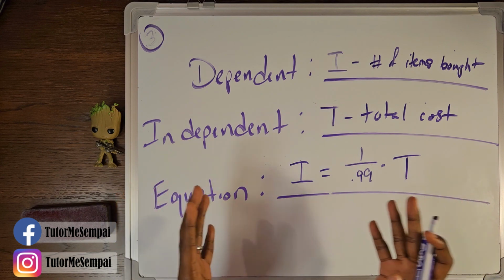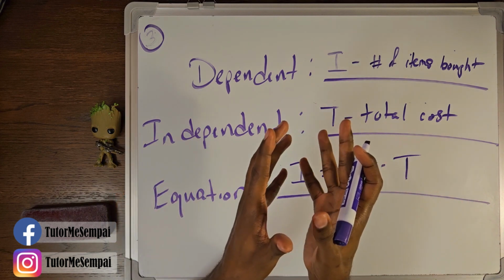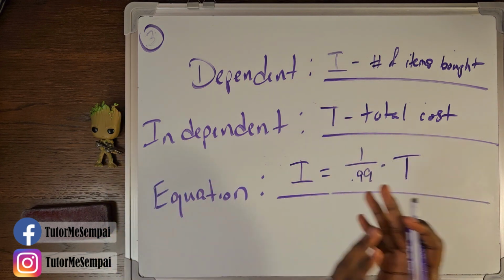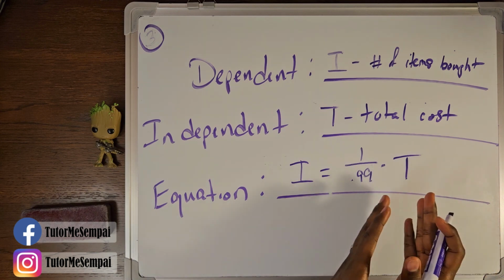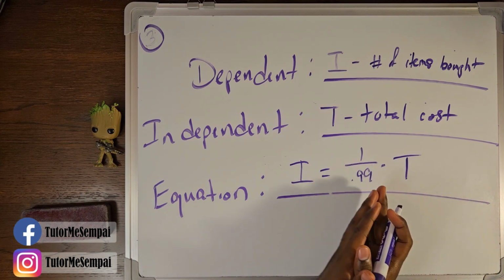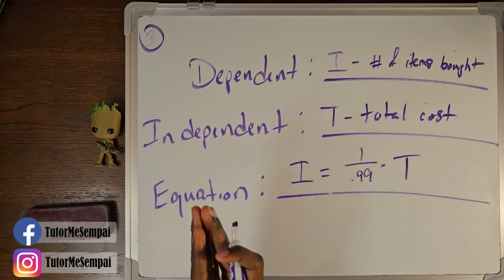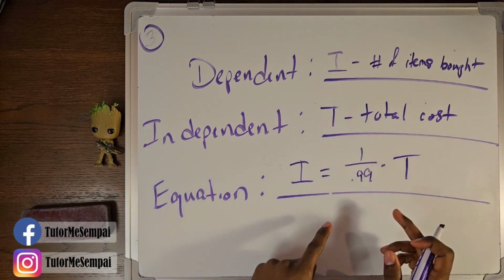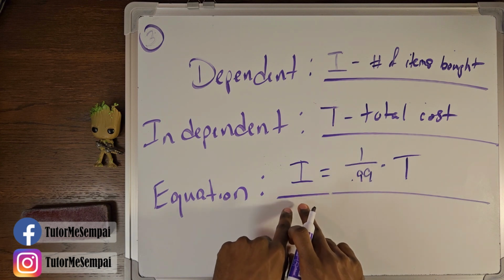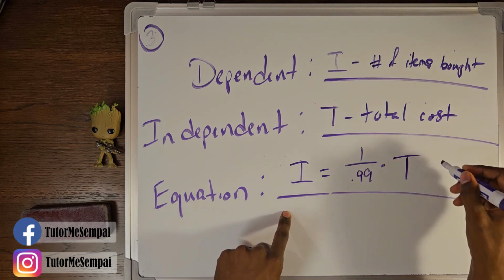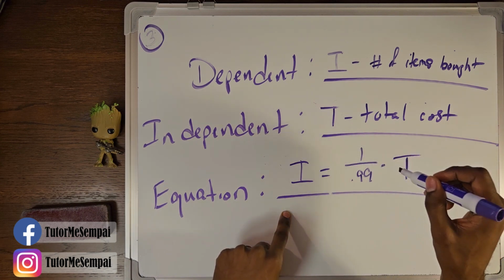So this tells us that we can't just take our numbers that are going to be in our pictures or even our word problems and just slap them next to our independent variable. We have to be very intentional about what we're doing. We have to understand what we're putting here. In this case, if we're trying to find out the items, we have to divide how much money we have by the cost of each item.